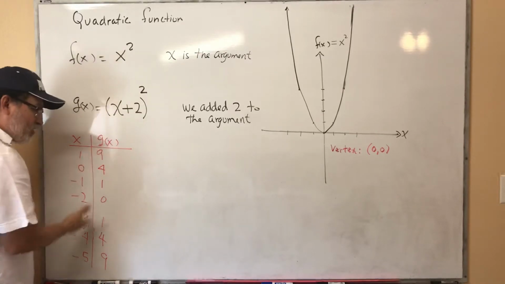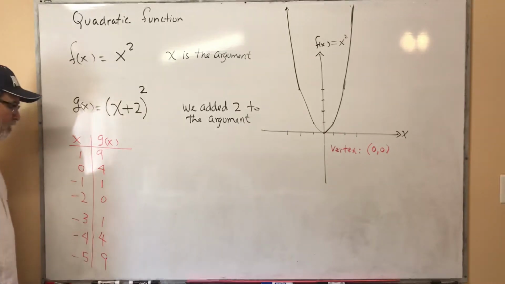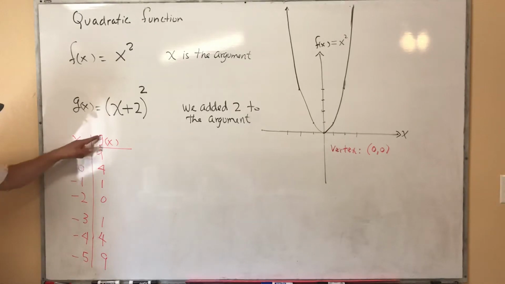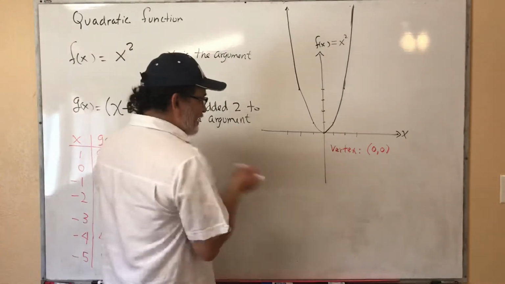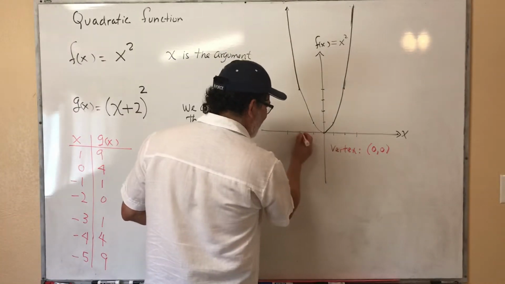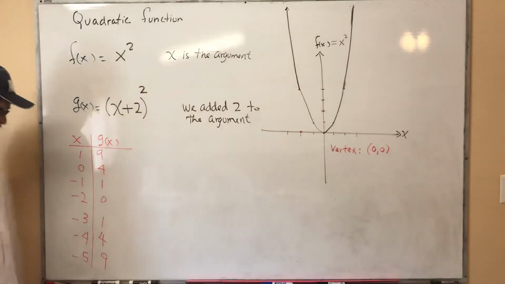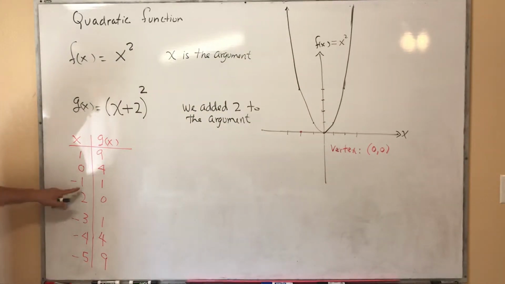Now, this is going to reflect that. So watch this. Let x be -2. What's g of -2? 0. See? Let x be -1. g of -1 is 1.